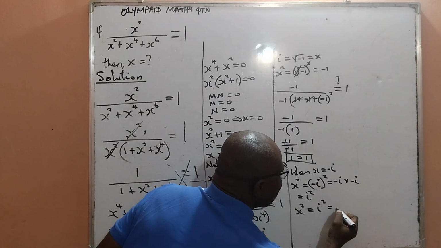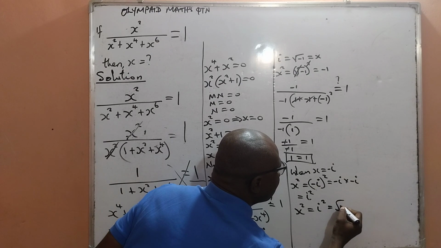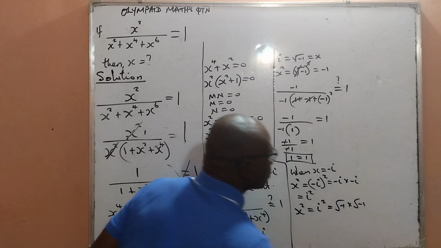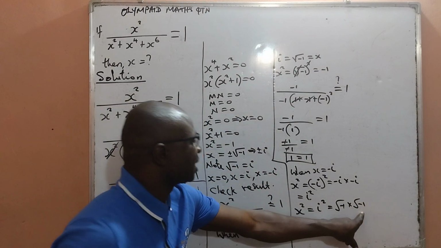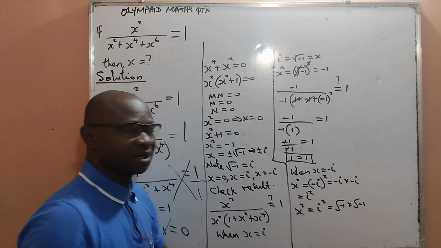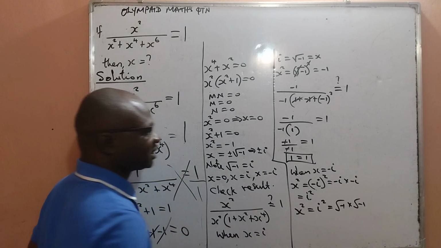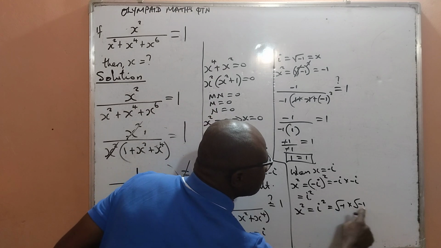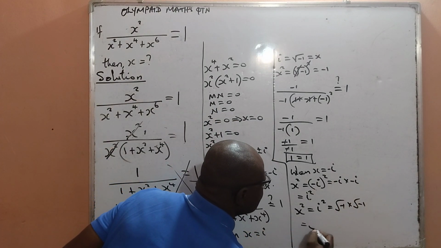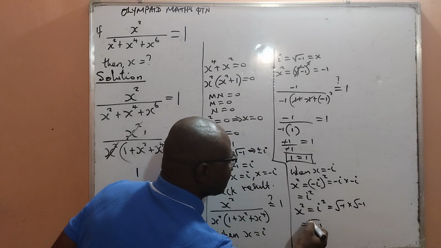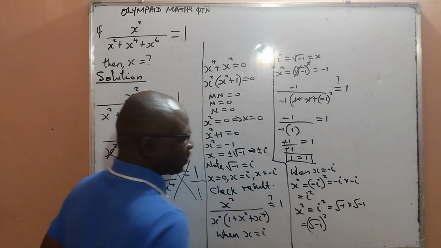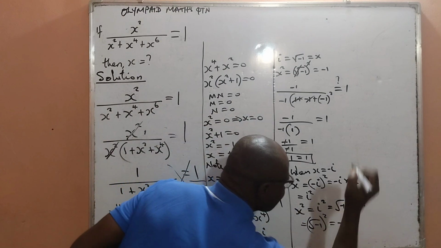So that means I am going to have square root of minus 1 times square root of minus 1. So I want to know the value I will replace for x squared, which is the same thing as I squared. Okay? Good. Therefore, if I multiply this, it is the same thing as saying square root of negative 1 squared. Since I have square root of negative 1 times square root of negative 1, which is going to give me negative 1.